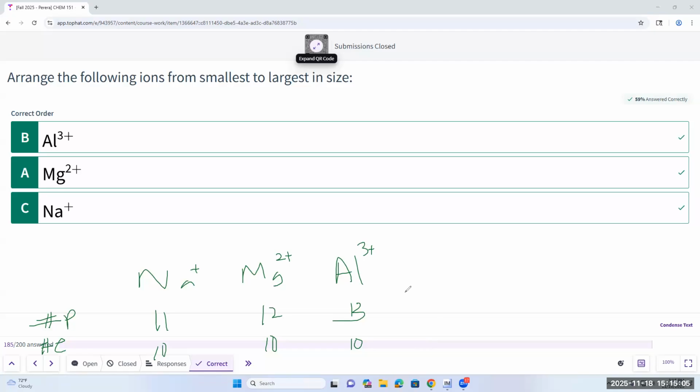So they have the same number of electrons, but aluminum has the most protons. As a result, those 10 electrons are more strongly attracted to the nucleus of aluminum than magnesium and sodium. That's why aluminum 3 plus is the smallest, then magnesium, and sodium is the largest.